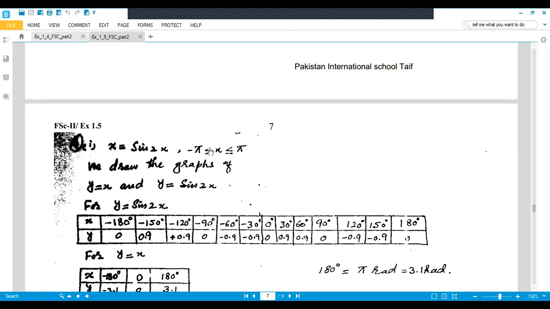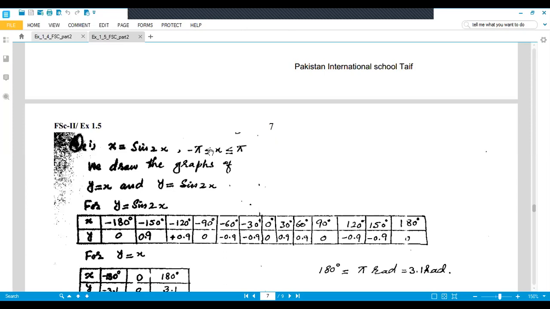It's already given in your book. The functions are defined in your textbook. You can check it on page number 38.